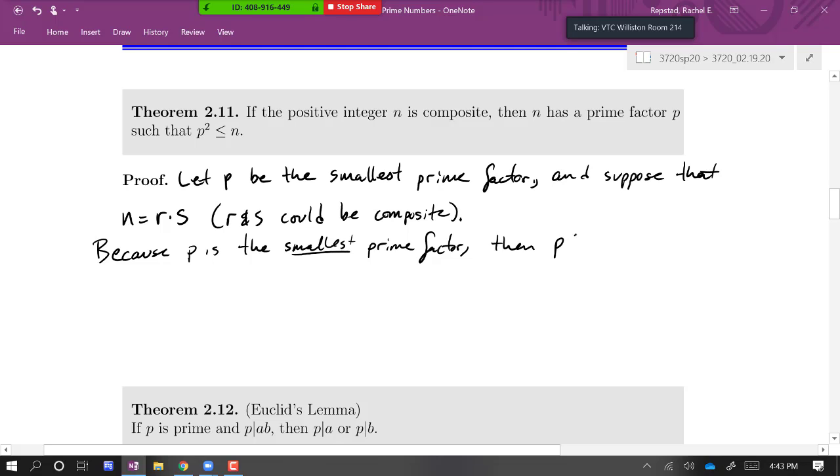That means that p is less than or equal to r, and p is less than or equal to s for sure. If p is less than or equal to r and less than or equal to s, then p times p, or p squared, is less than or equal to r times s, which is equal to n. That gets us p squared less than or equal to n.